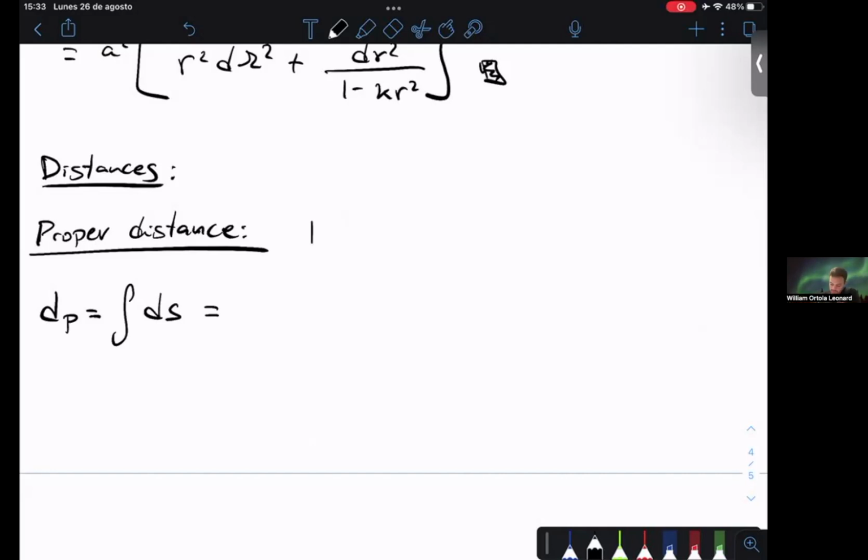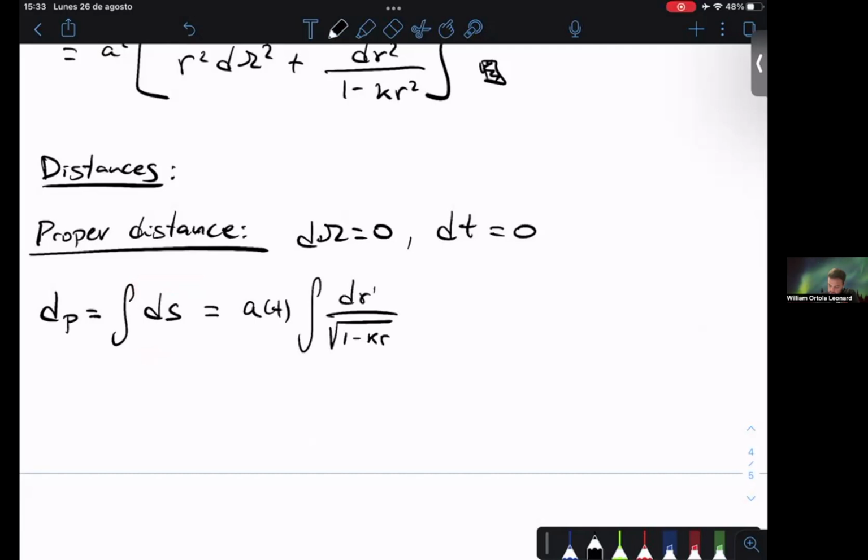So that makes the solid angle equal to 0, but it also makes the change in time in that metric equal to 0. So this means that the integral for this metric, which is going to give us the proper distance, is going to be given by the scale factor at a specific time, the time we are evaluating, times the integral of dr prime divided by the square root of 1 minus k times r prime squared.